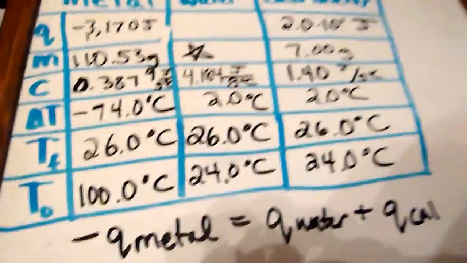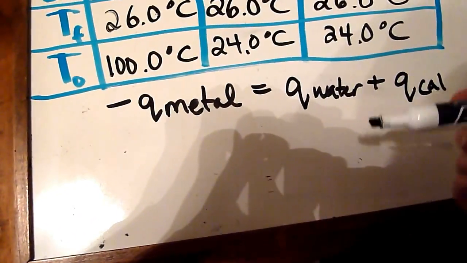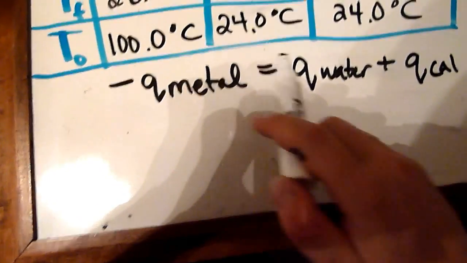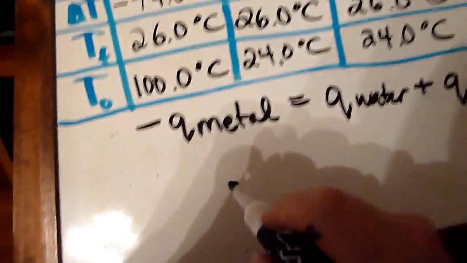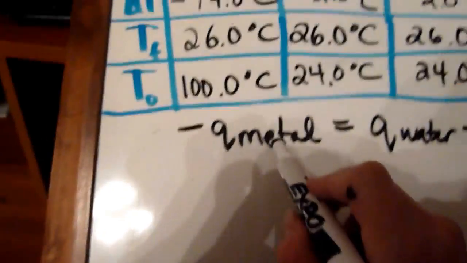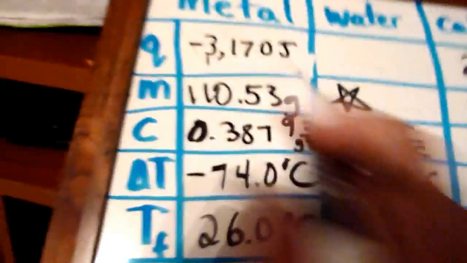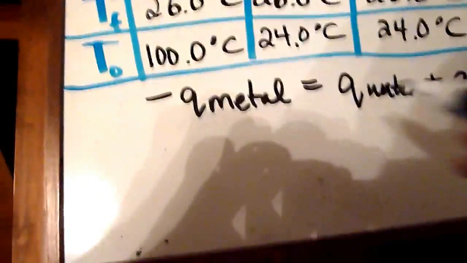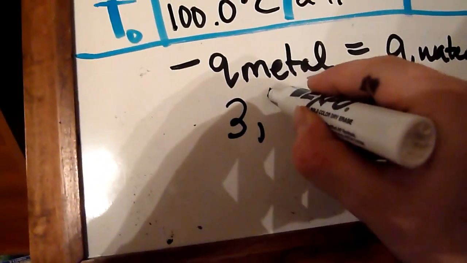Our styrofoam calorimeter is, we hope, sufficient to insulate our experiment from the outside world, keeping all the heat contained. So any heat that the metal loses must be gained only by the system itself, the water and the calorimeter. So the negative heat of the metal, well, the metal is already negative. So if we want the negative, then we have to make it positive. That is a confusing point there, but if we want the negative heat of the metal and the thing is already negative, then we just want to make that a positive.